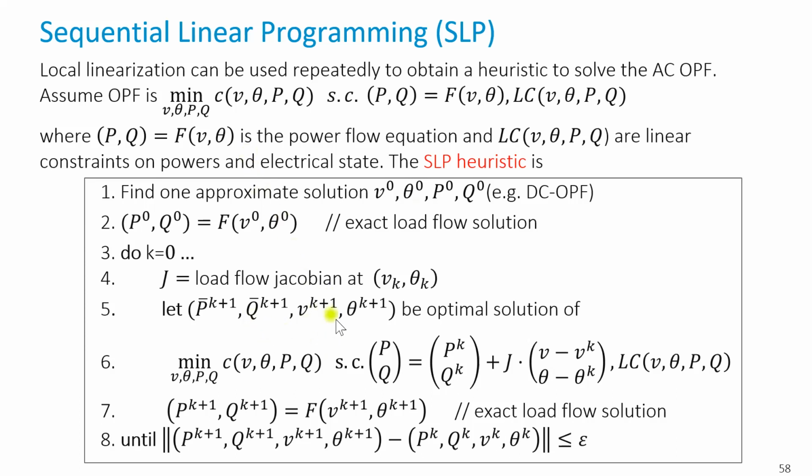In this version of the algorithm, we find V and theta. From V and theta, we derive P and Q. That means we derive them through this approximate equation. But since they are only approximate, the true injected power will not be the correct one. So I correct them by applying again the true grid equations.